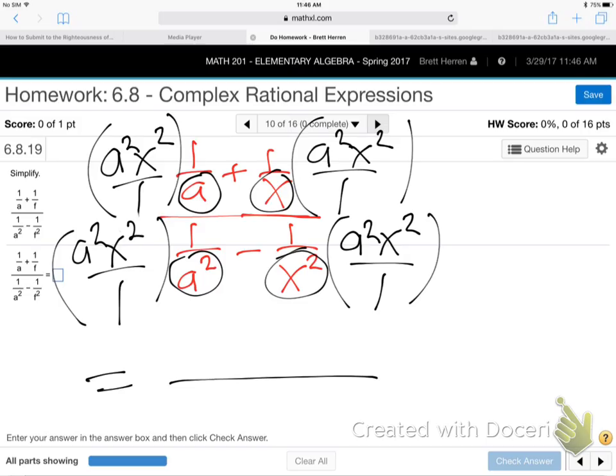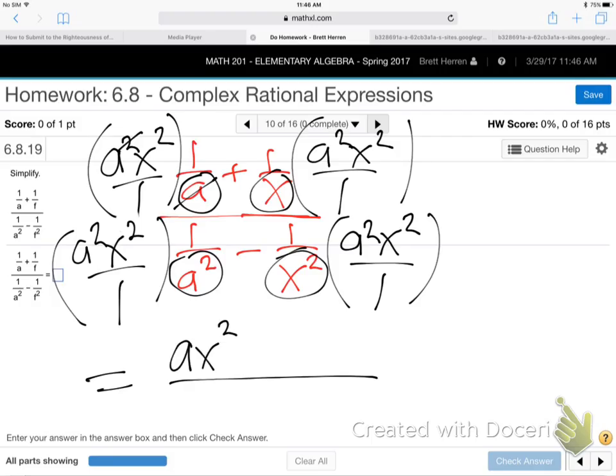Is that where it goes? I think so. The bottom, not the top. So we doing okay? So a cancels 1. Can I just cancel out the power that way? Because there's one a left and an x squared.